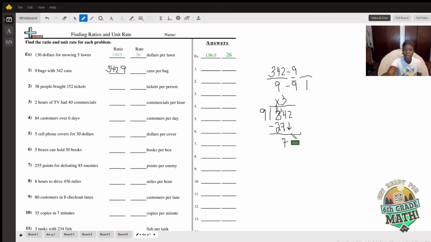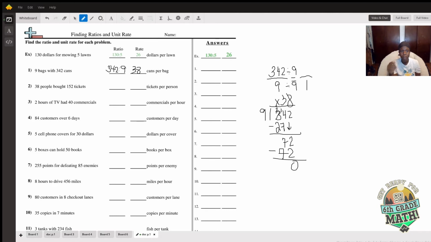And then we bring down. So then we have to go again. Multiplication. So how many groups of 9 go into 72? 9, 18, 27, 36, 45, 54, 63, 72. 8. The 8 goes here. 8 times 9, 72. No remainder. So 38 cans per bag gives us the unit rate.